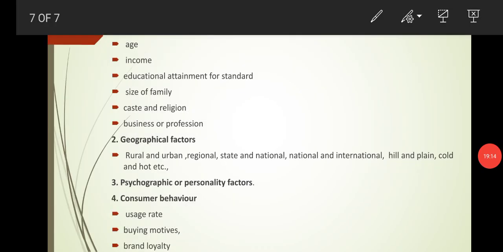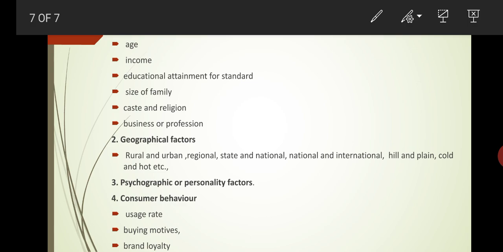Here, on the basis of this criterion or variable, the market of the product can be divided into businessmen, employed persons and professionals. Employed persons may be further divided into clerks, officers, executives, judges, teachers, army personnel, etc. Similarly, professionals may be subdivided into doctors, lawyers, chartered accountants, etc. So here the needs and attitudes of the different professions or different businessmen are different.